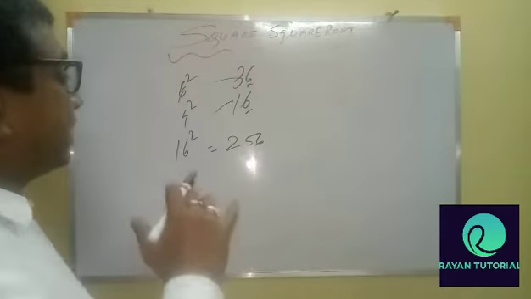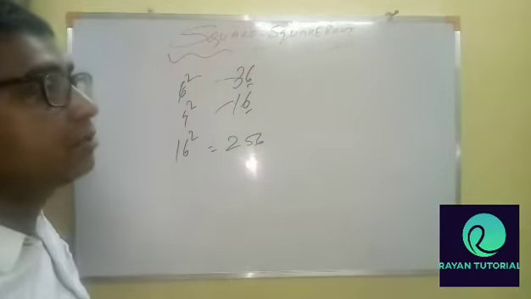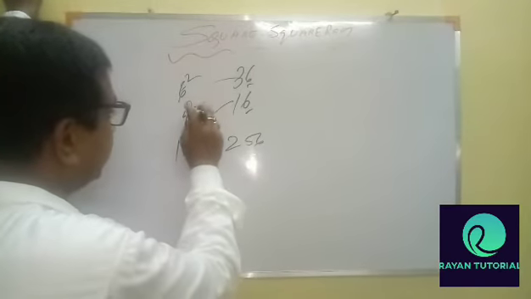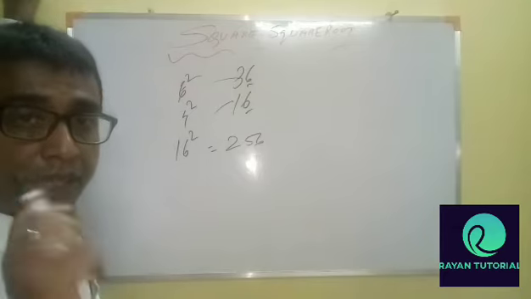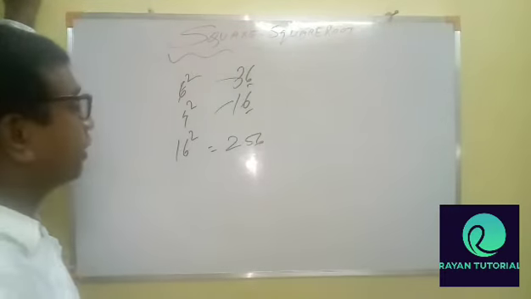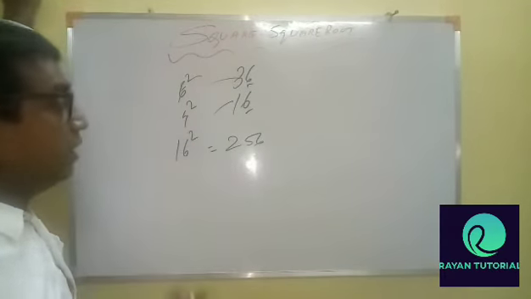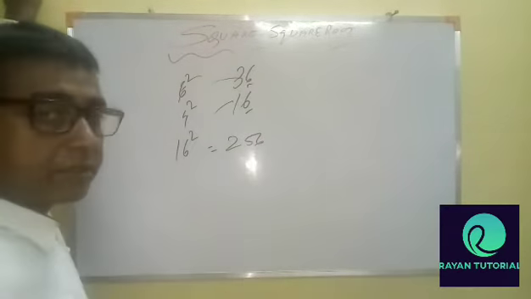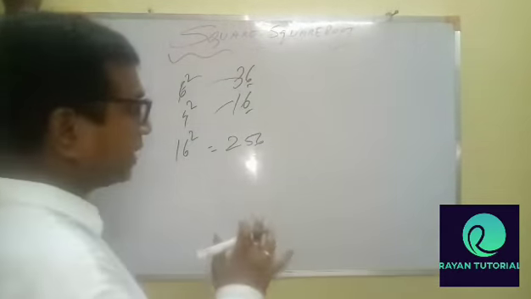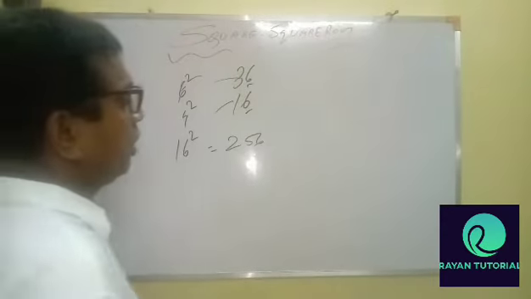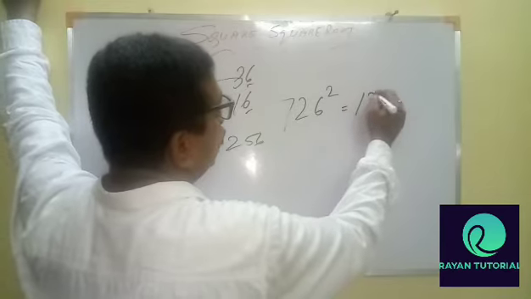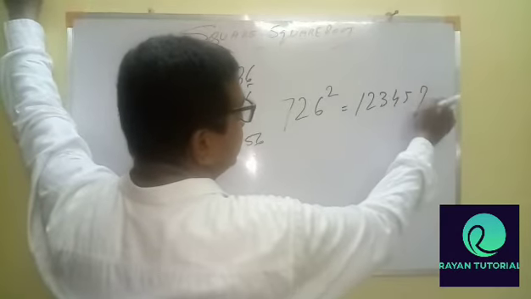So this one we can say it's a rule, or rather it will be better if we say it's a pattern, that the numbers ending with 4 and 6, their squares are the numbers ending with 6. So if I say, write true or false, that 726 square is equal to 1, 2, 3, 4, 5, 7.